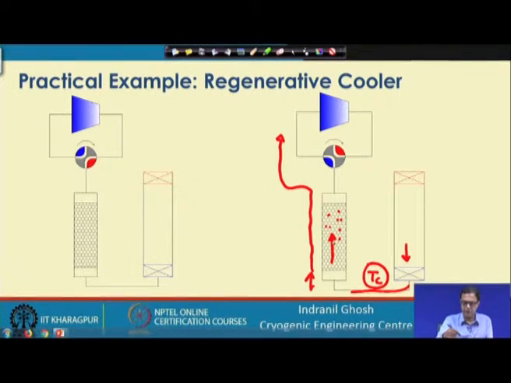So now we can understand that in one cycle the hot gas is coming in. Generally this gas is gaseous helium, and this pressurized helium passes through the regenerator in one cycle. In the other cycle, when it is discharged, the low pressure or expanded helium flows back through this regenerator. This is how it works in both cycles.